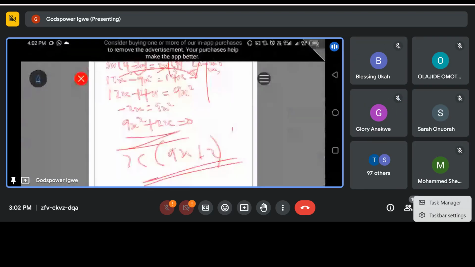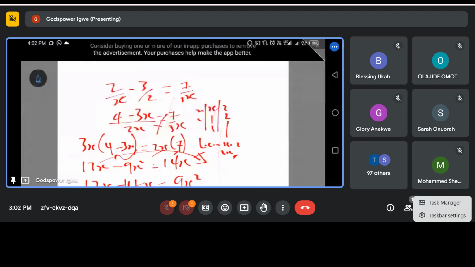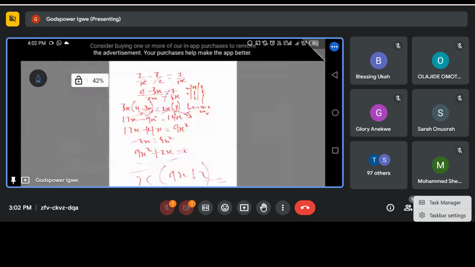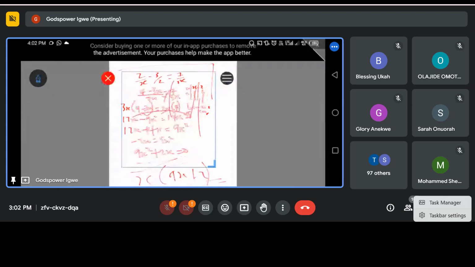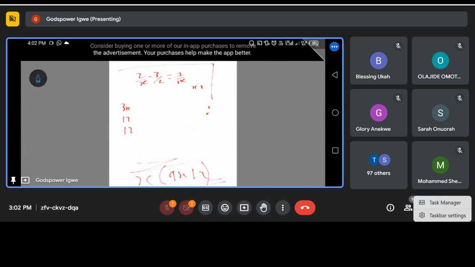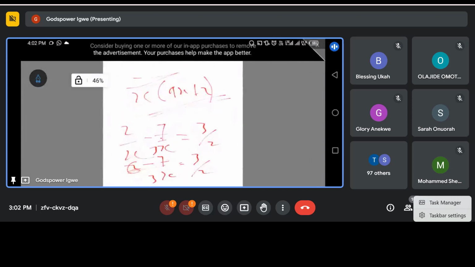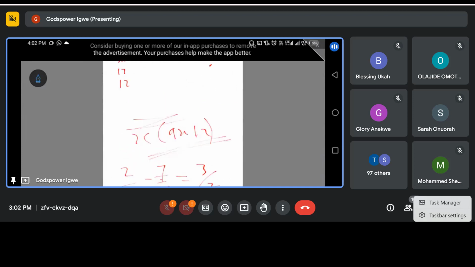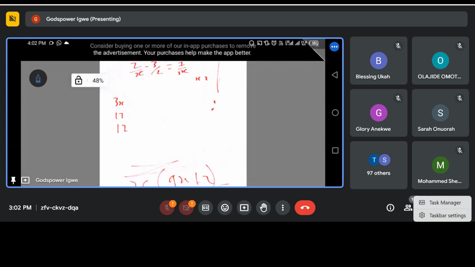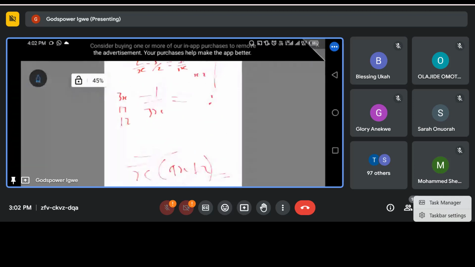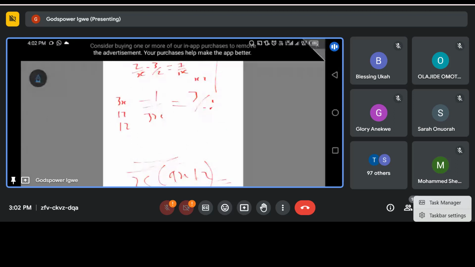Wait, I'm trying to do something now. Let's see whether it works. Okay, so we also have minus 1 over 3x. Minus 1 all over 3x is equal to 3 all over 2.